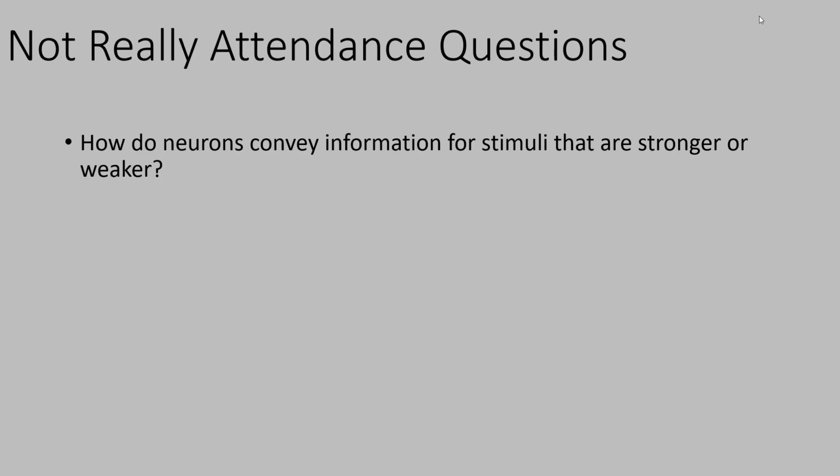It was the frequency of those, how quickly those action potentials are coming. So instead of just one action potential followed by another, it's one after another very, very quickly. So it's the frequency of action potentials that conveys strong or weak stimuli.